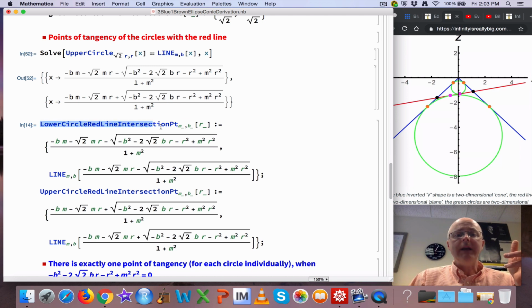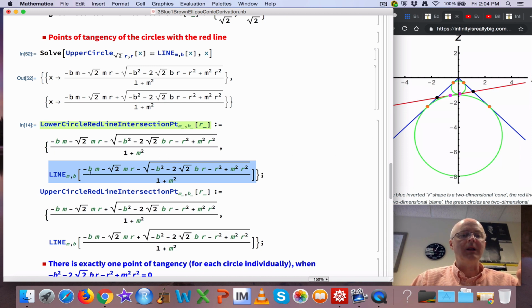I'm defining a couple new functions, with very long names: lower circle red line intersection point and upper circle red line intersection point, as lists, in other words, as points, where the first coordinate is the x coordinate of a pink point, and the second element of the list is the second coordinate of a pink point.